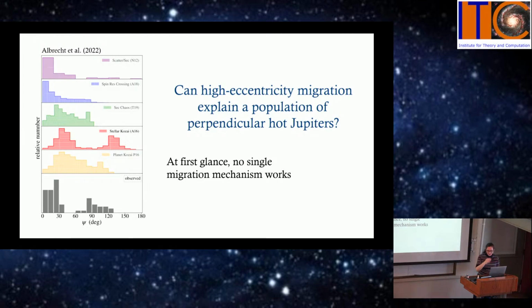But fortunately, there's a lot of things that can go into the final obliquity you would expect from the hot Jupiters. I'll explain why this obliquity distribution in red is a little bit misleading.